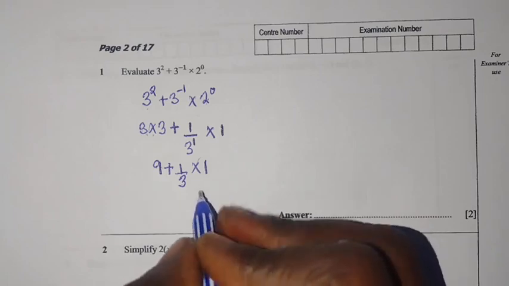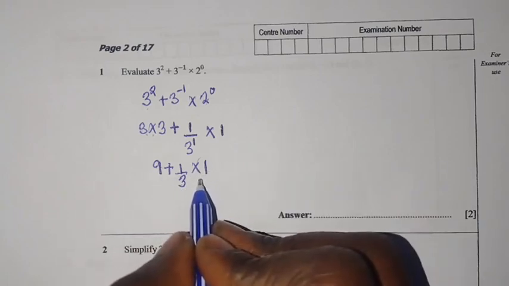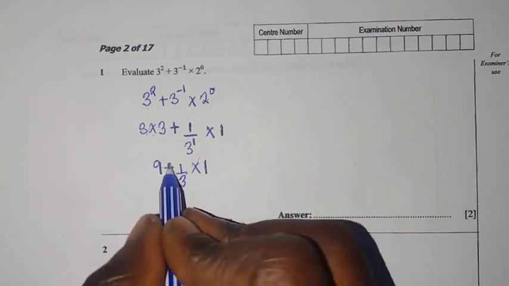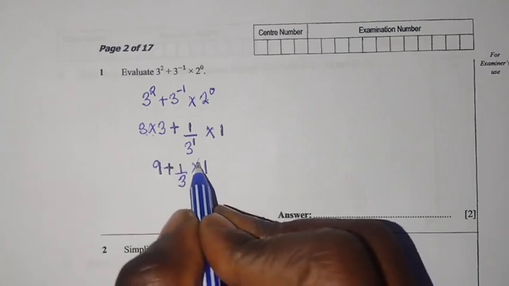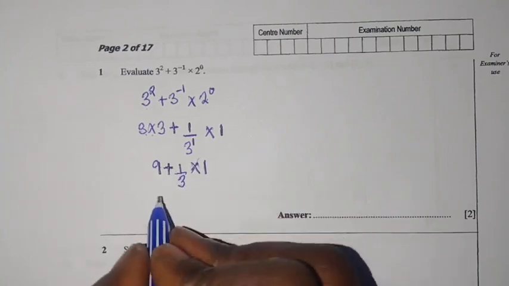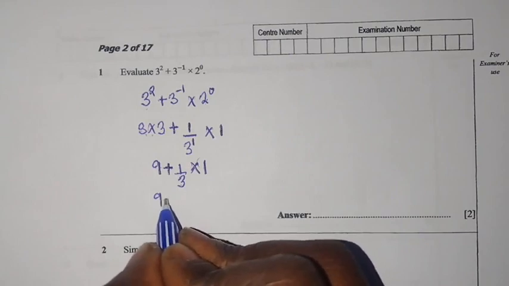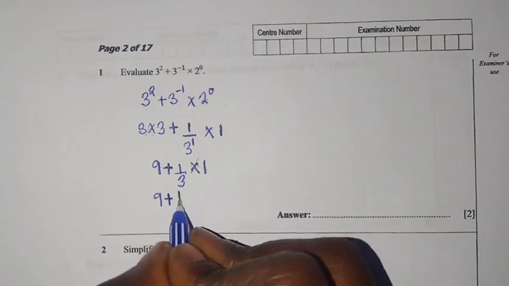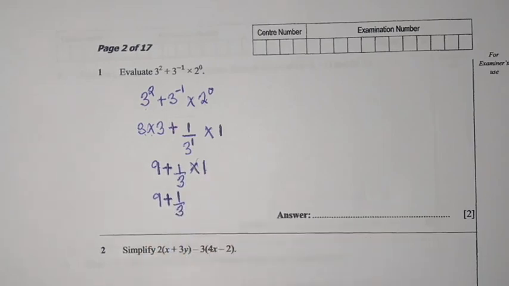This is just a whole number. So we follow the rules of BODMAS. We have the addition sign, so multiplication comes first. So we write 9 plus, then 1 over 3 times 1, we get 1 over 3.